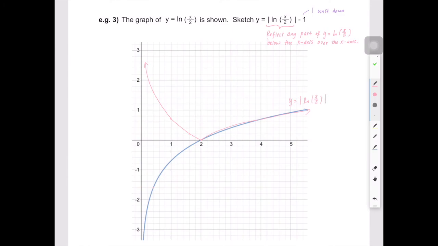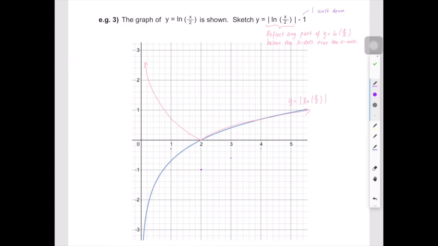And finally, we just have to take everything one step down. Let me use a solid color. So 1 step down. Very good. 1 step down here. Okay. Something like that. And then what's a good point to use? 1 step down. 1, 2, 3, 4, 5 here. And then this one here, I can put it something like that.